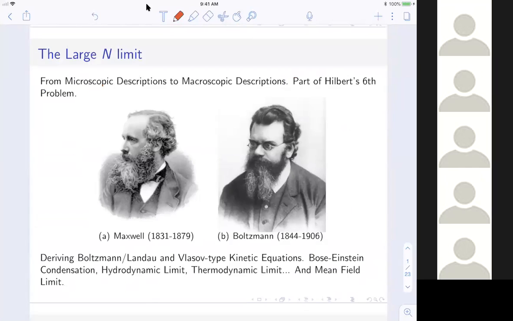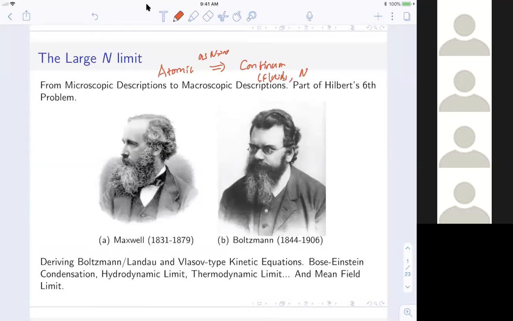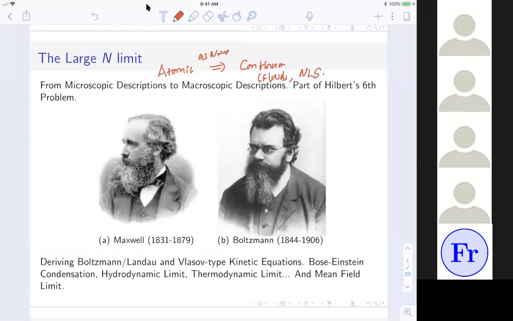It's basically from an atomic description, you send n, the number of particles, to infinity, and you get some continuum description, given for instance by fluid equations, the nonlinear Schrodinger equation, aggregation-diffusion equations, etc.